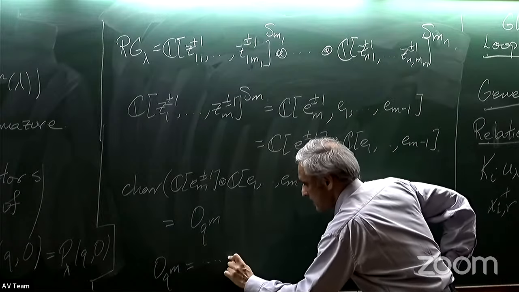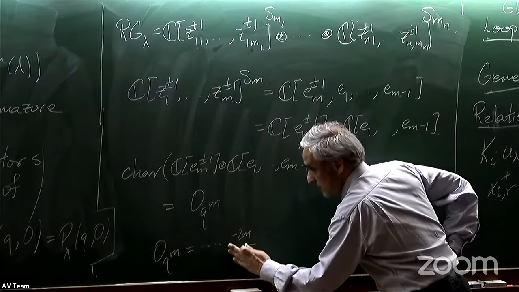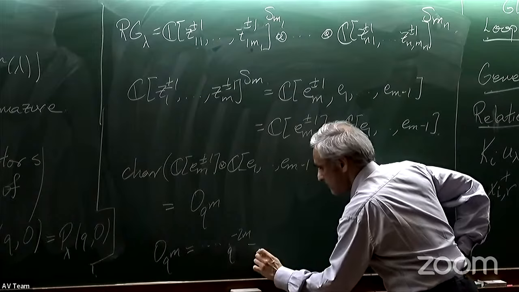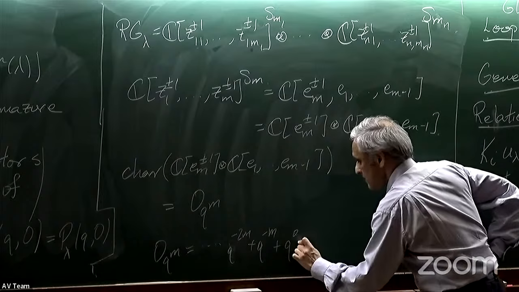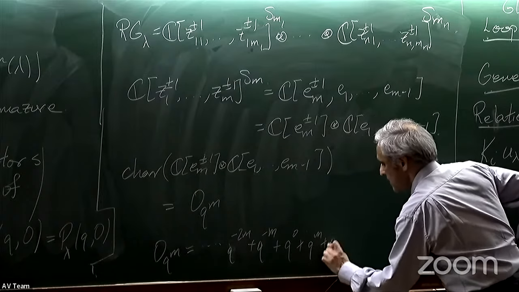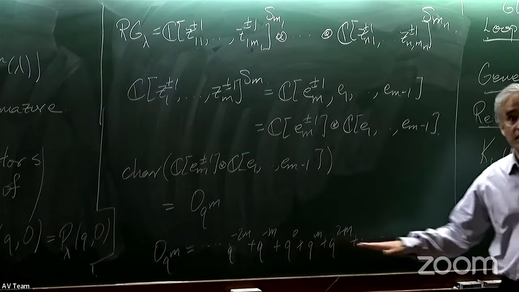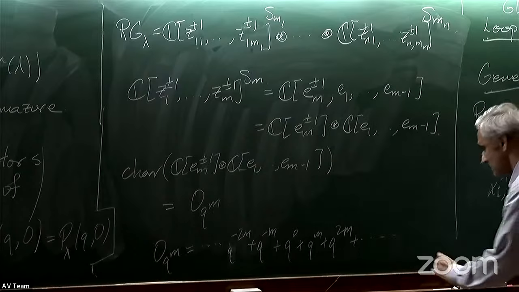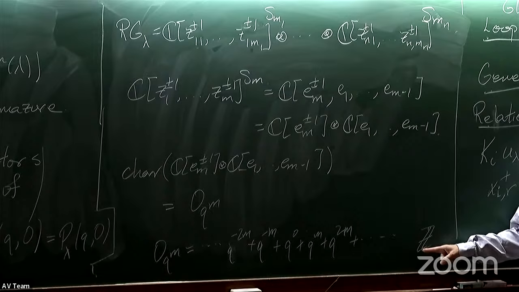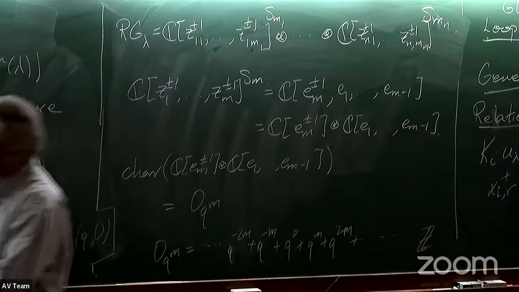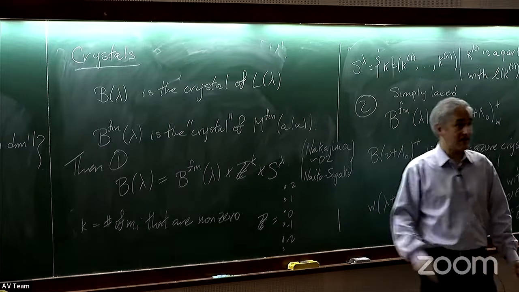So this is q to the minus 2m, q to the minus m, q to the 0, q to the m, q to the 2m. So this is a sum over all the integers. So this in a crystal form is one of the Z's. I have all of these copies of Z's, and so I'm going to have several copies of Z. In crystal form, it's just a set indexed by Z.